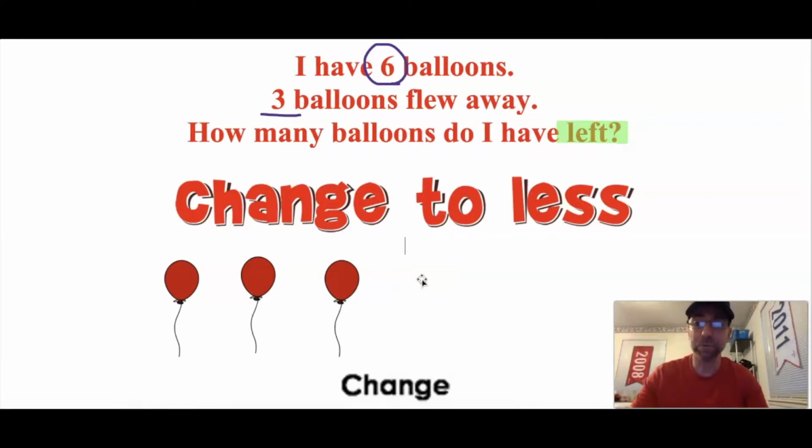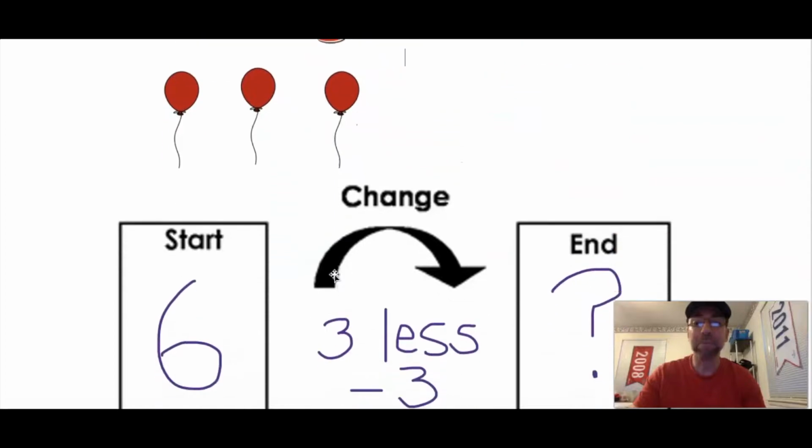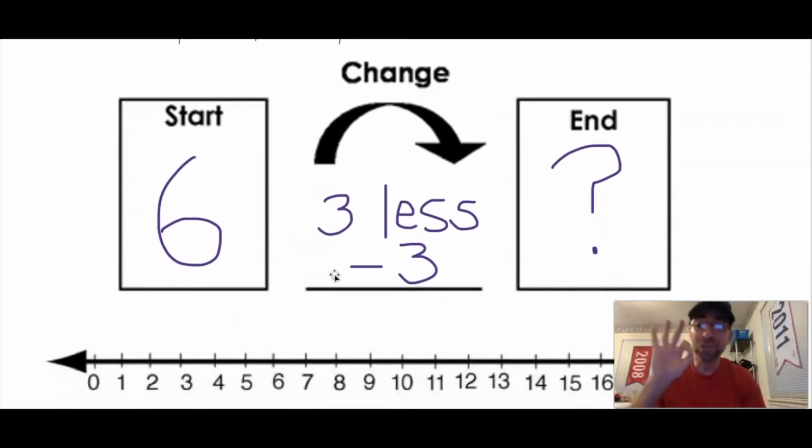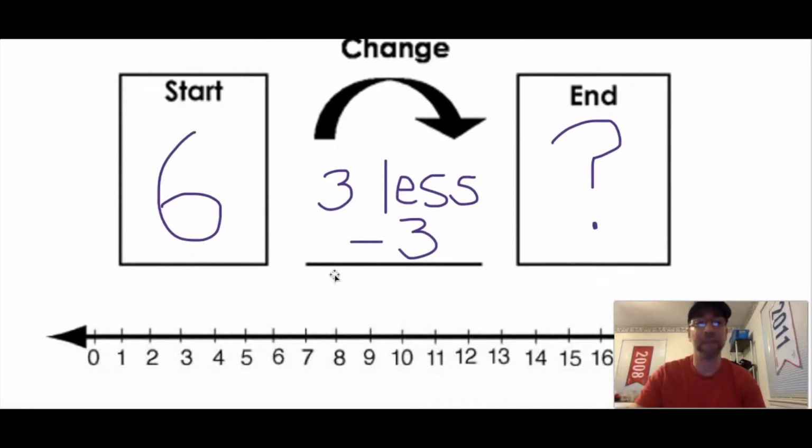How many balloons do I have left? Well, we have to count the balloons that did not fly away. 1, 2, 3. So how many balloons are left? 3 balloons are left.